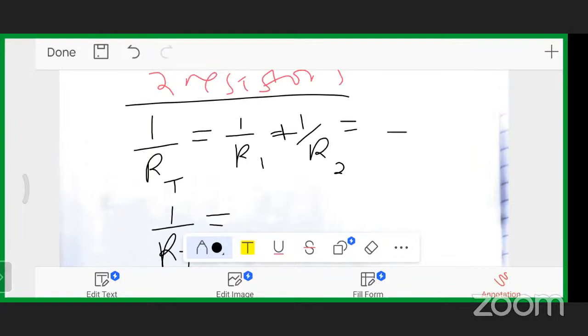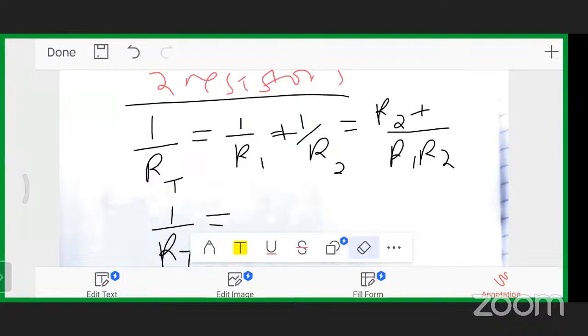Now we check the LCM of R1 and R2. R1 times R2 is just R1R2. R1 goes into R1R2 how many times? R2 times. So R2, plus R2 goes into R1R2 R1 times, times 1 is just R1.